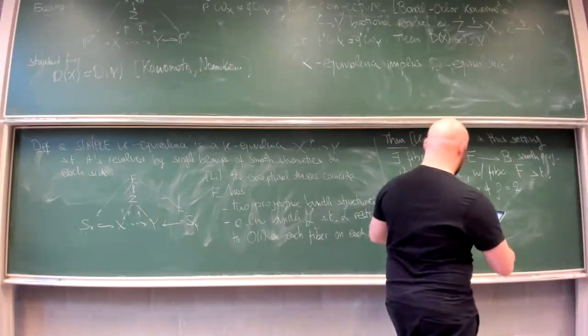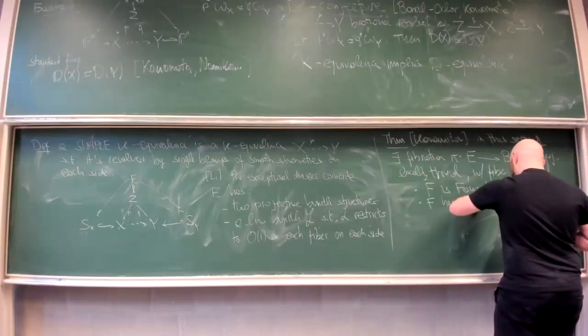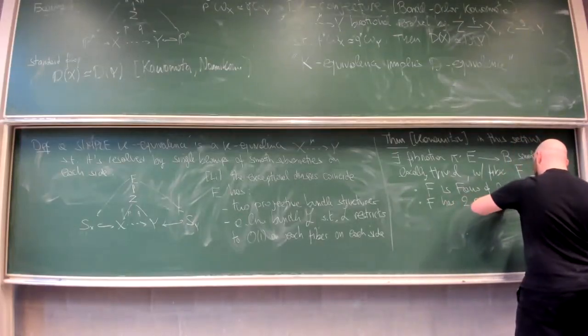And it has two projective bundle structures. So F has two projective bundle structures.